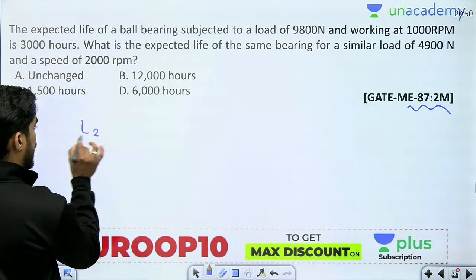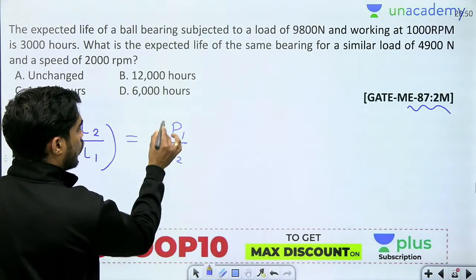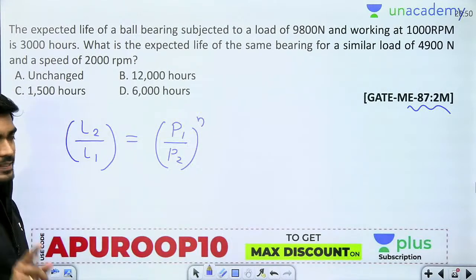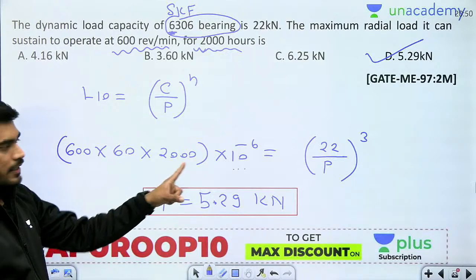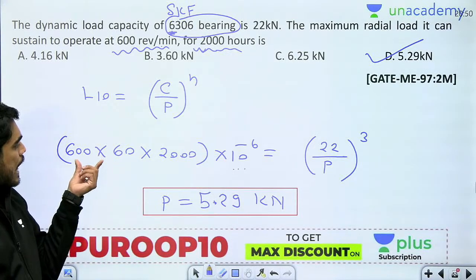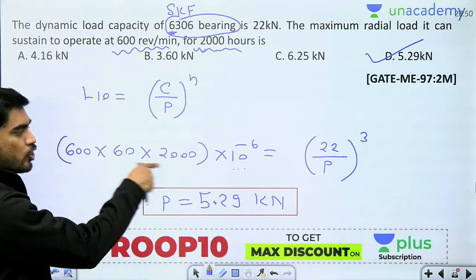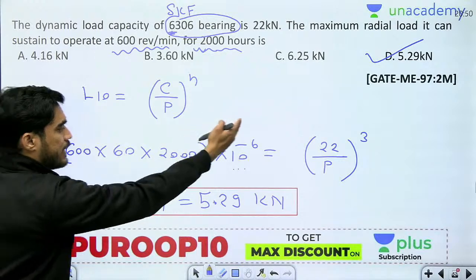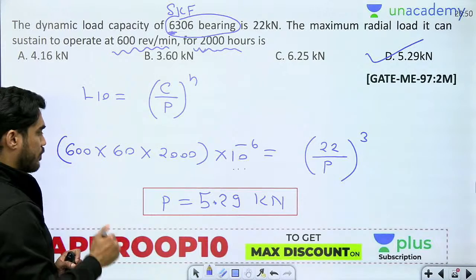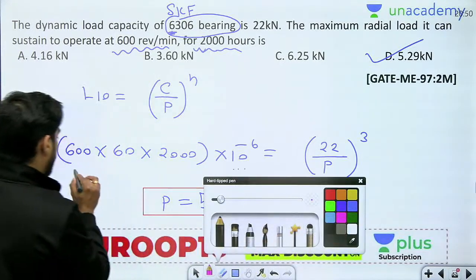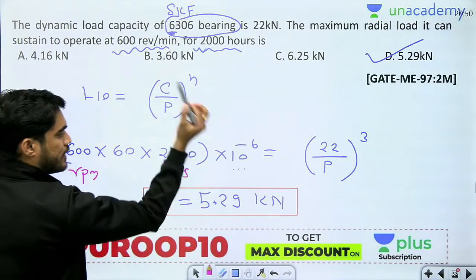So the same equation: L2 by L1 equals P1 by P2 whole to the power n. Now understand, life is RPM into 60 into hours into 10 to the power minus 6.